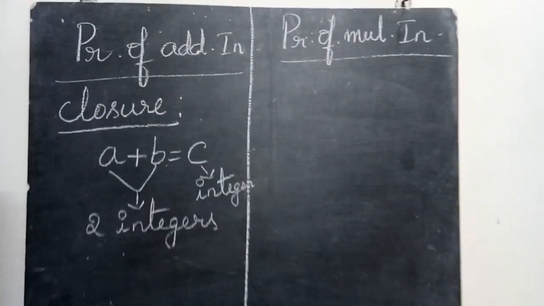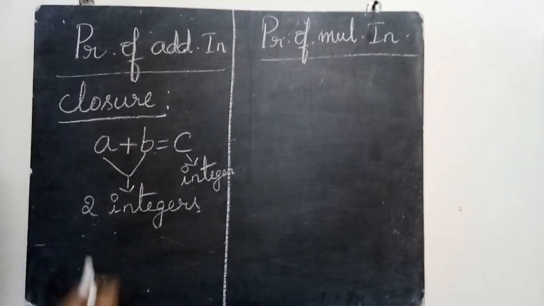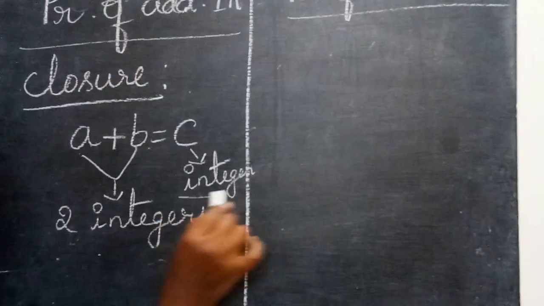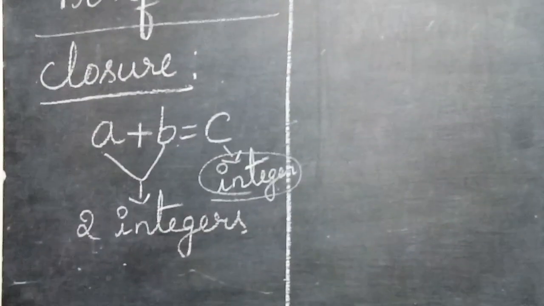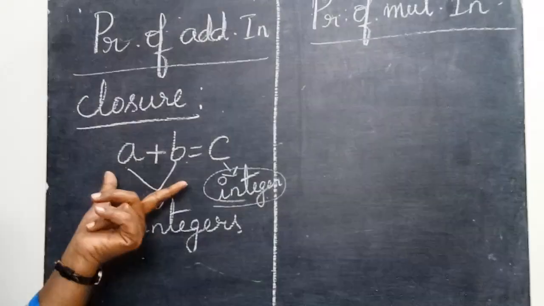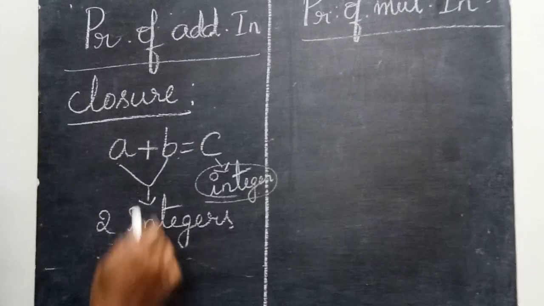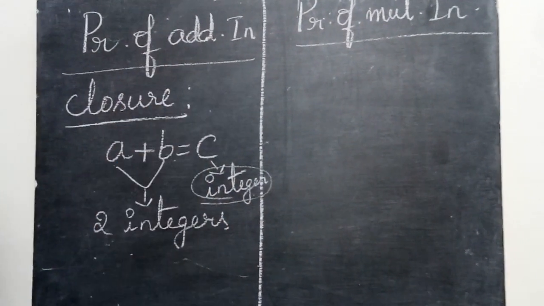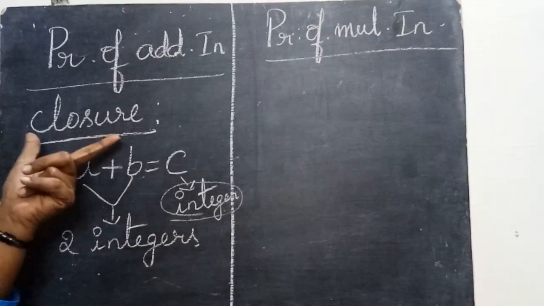Here you can see that addition of any two integers, the result will be again an integer. This is the closure property in addition. Addition of two integers, again the result will be an integer. So this is properties of addition in integers, that is closure property.